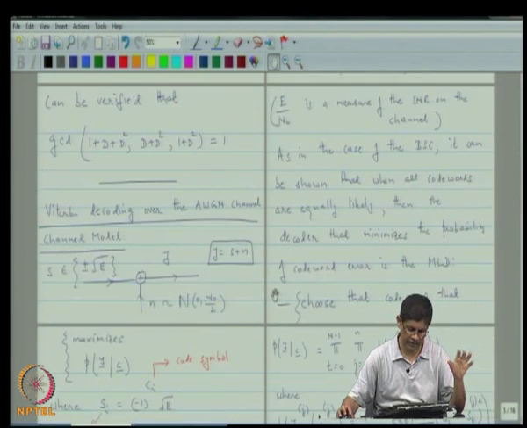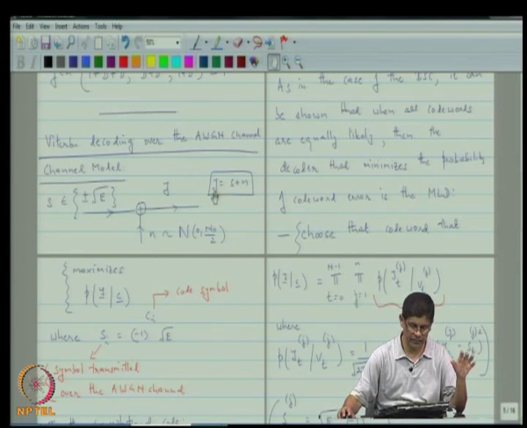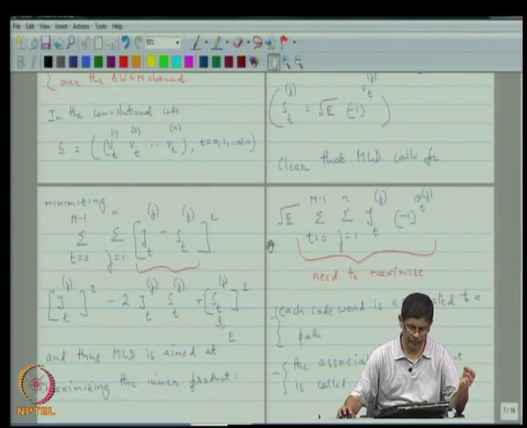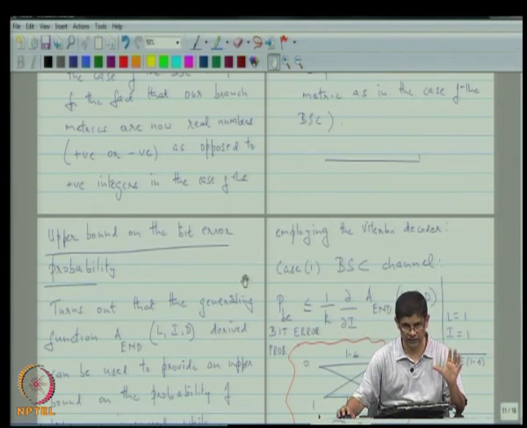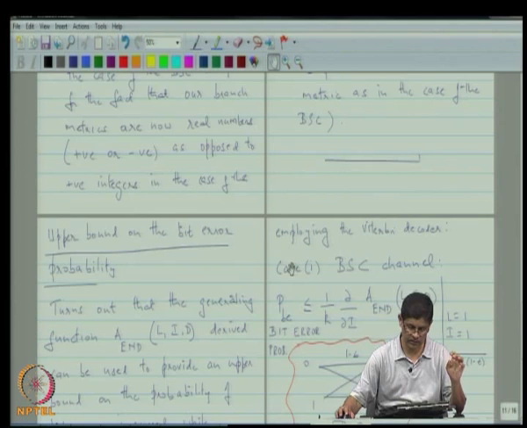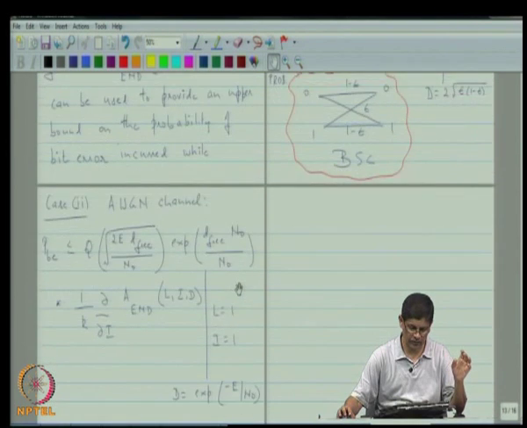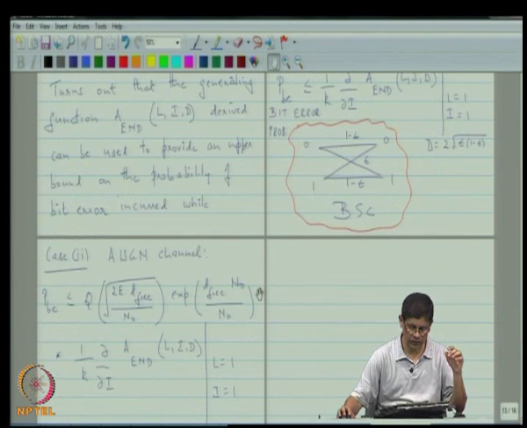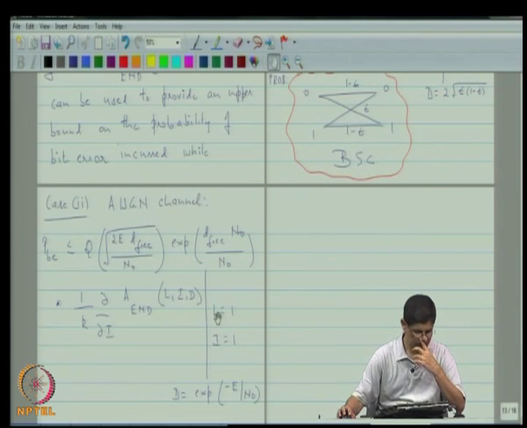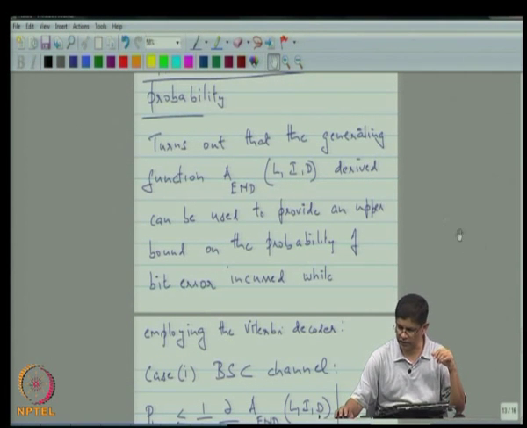And then after that, we talked about Viterbi decoding over the additive white Gaussian noise channel and we went through an example, perhaps not completely, but at least hopefully sufficiently to give you an idea what it is like, and then I wrote down expressions for the bit error probability of the convolutional code under Viterbi decoding.